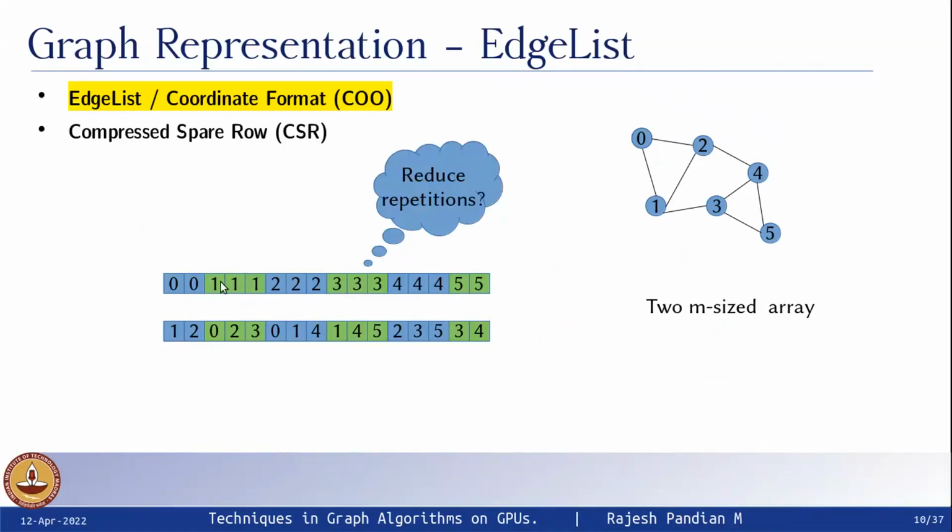This is the edge list representation, but it is not a very good representation, since we can store it in a more compact fashion. There is this zero getting repeated as many times as its degree, so this can actually be compressed.